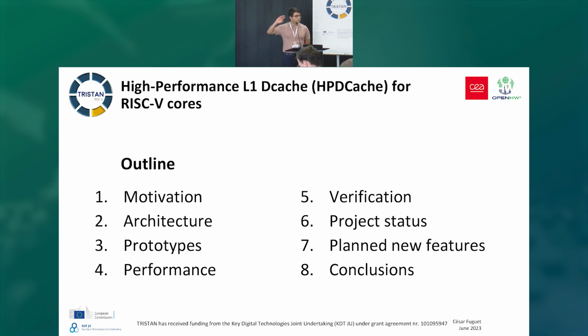I'll talk a little bit about performance, the speedup we gained with this IP with respect to the original write-through cache that comes with the CVA6 core. We'll talk a little bit about verification, project status from the OpenHW perspective, the process of submitting an IP, some planned new features that we will add during the TRISTAN project, and finally some conclusions.